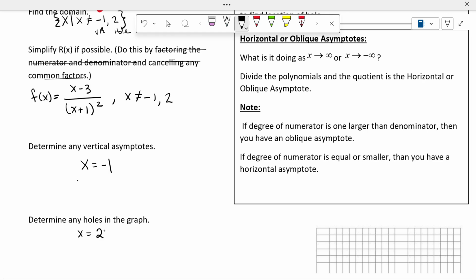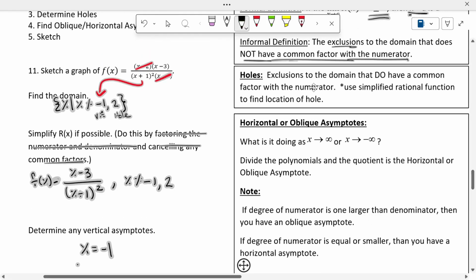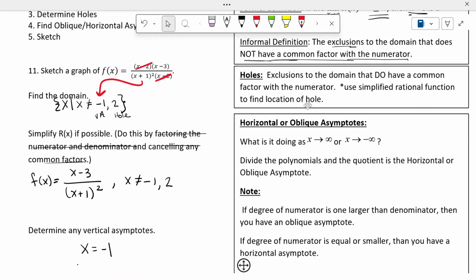Now, I'm going to piggyback one more thing onto the hole piece. If you want to know the y value of where that hole is, you can plug that number into not the original rational function, but into the simplified one. You're not supposed to plug a 2 into this simplified function, because you know that this is the hole and this is a vertical asymptote.